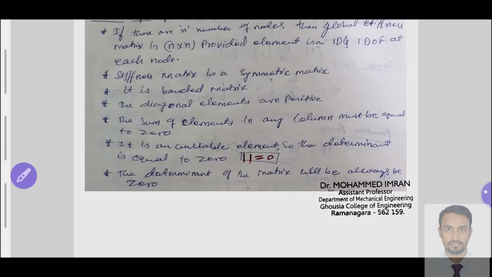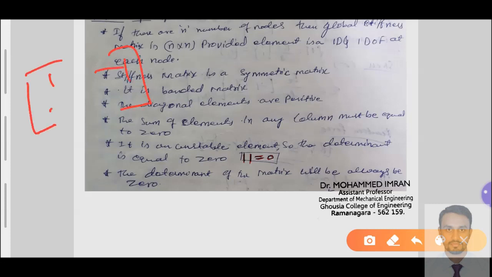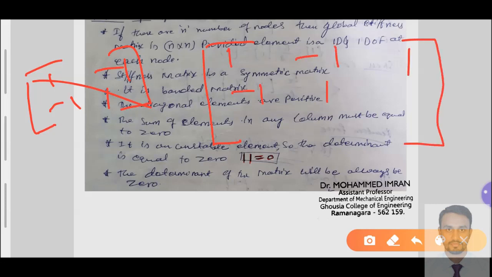Okay, so then we have, it is a banded matrix. It should be a banded matrix, then only it satisfies the given condition. The diagonal elements are positive. As you have seen, 1 minus 1 minus 1 1, the diagonal is positive. Another example, 1 minus 1 1 minus 1 1 minus 1 1.